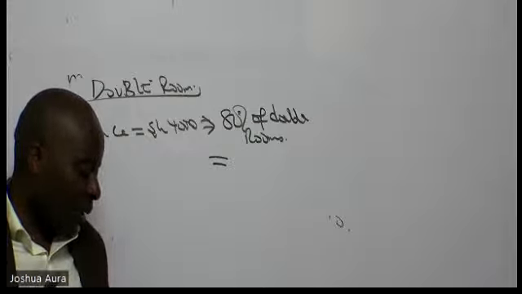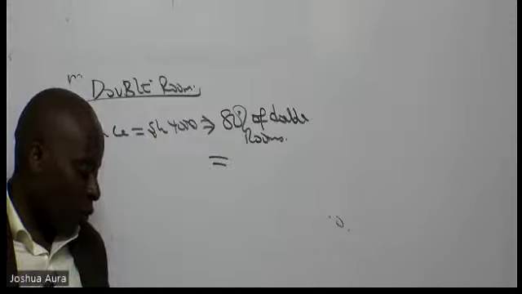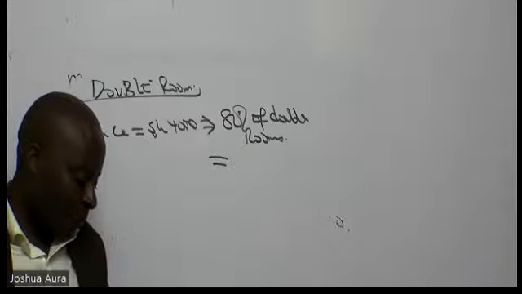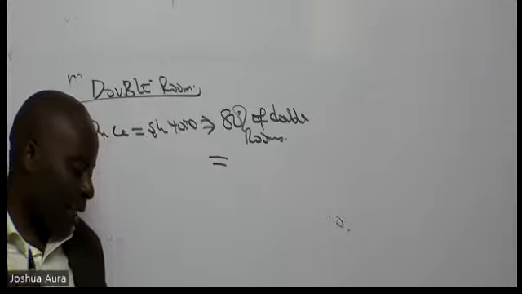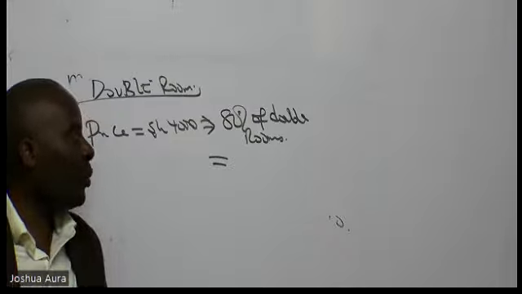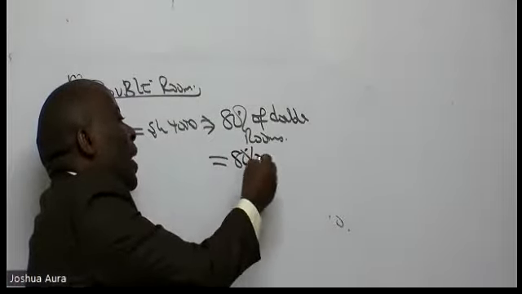The hotel management expects all single and family rooms to be sold out for each of the 5 nights of the tournament. However, they are unsure whether the fee in respect to the double rooms should be increased or decreased. At a price of shillings 4,000 per room per night, they expect occupancy rate of 80% of available double rooms. So remember up there, you guys had given me the double rooms that are available.